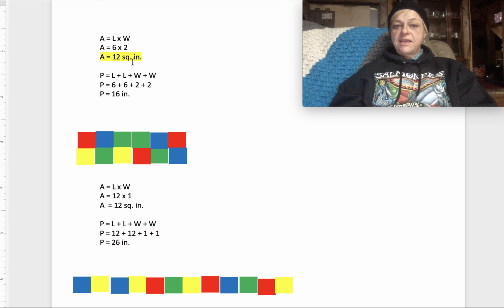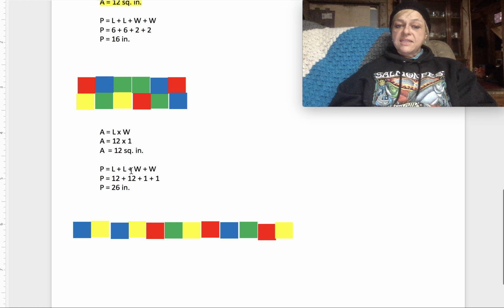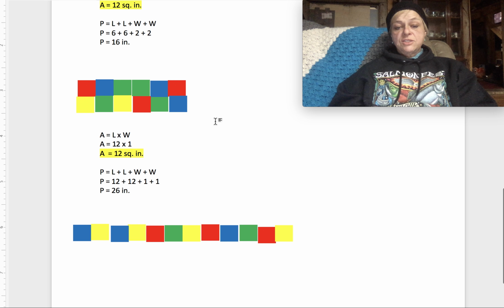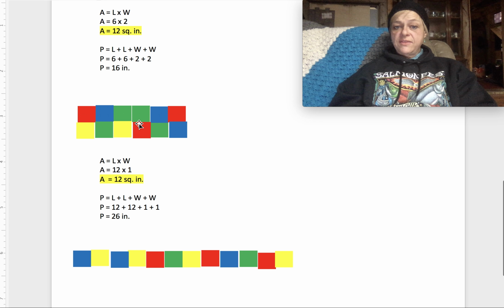Okay. The area of the first shape was 12 square inches. Was that the same as the second shape? Yes, indeed, it was the same. So we know that these two shapes, even though they're different, they can have the same area.